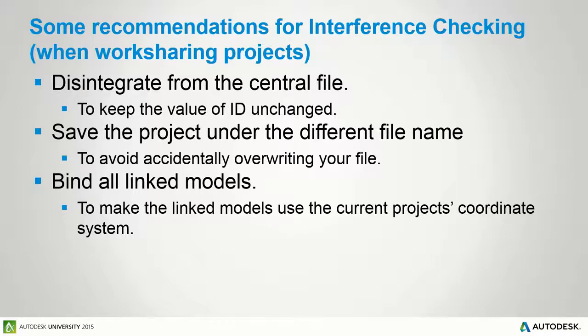This is because the IDs of the elements always update when you're reopening your project. So your old HTML file will become invalid after the update. You will also have to save your project under a different file name, just in case. And bind all link models.